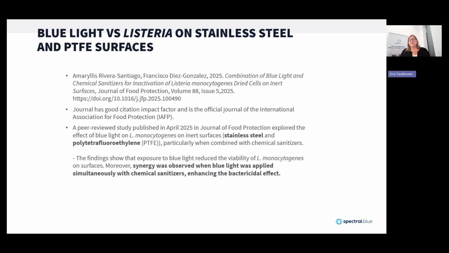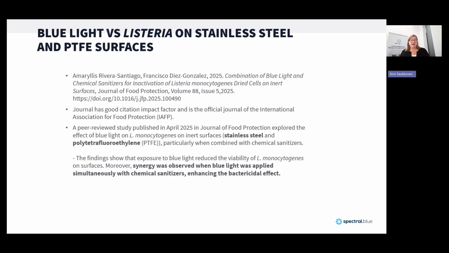And I think this is a very important article because we need to have some kind of chemical sanitizers, cleaners, disinfectants, and the blue light. Because as I told you, the blue light does not do the cleaning, it does disinfection.